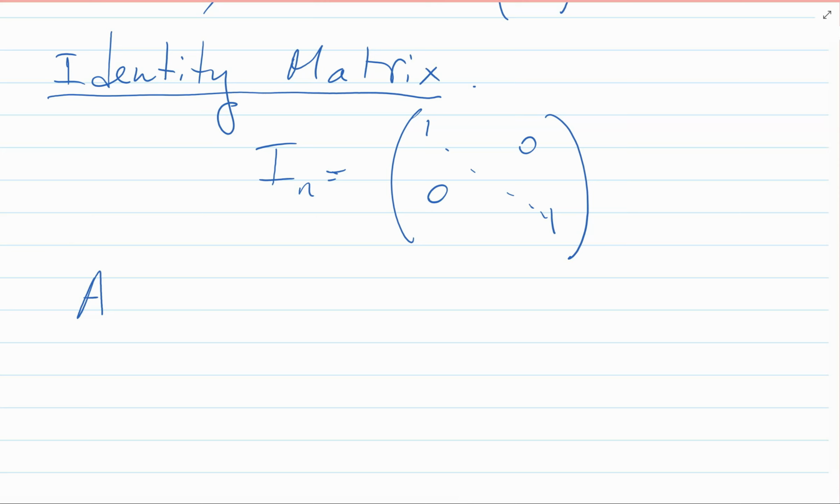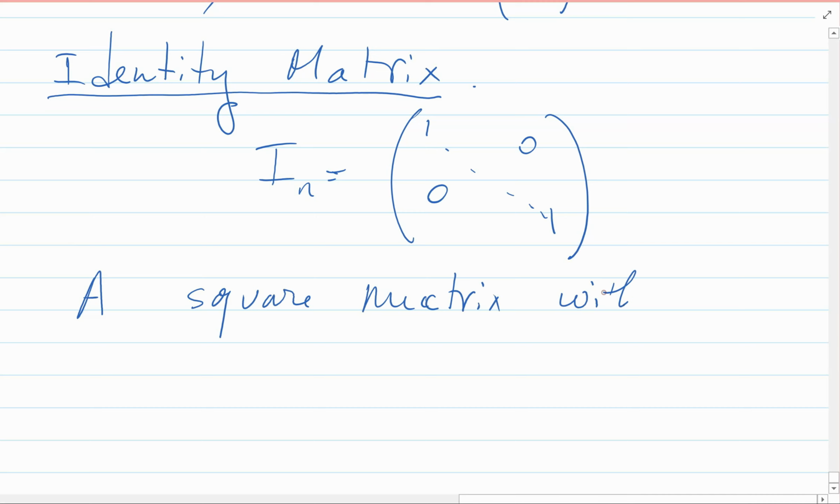But that's fine, let's just take a square matrix A of size n. Then A times I_n is so simple to see, because we take the columns of I_n times A, and you will find that it is exactly A.